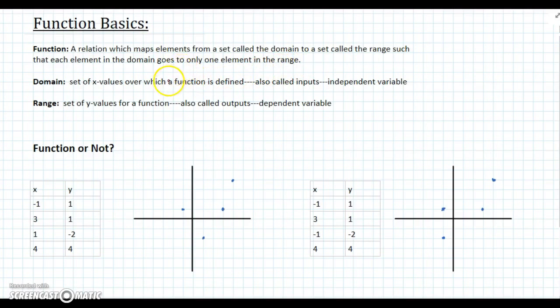Let's drop by domain and range really quick to get a little more acquainted with them. So as earlier I mentioned, domain's a set of x values over which a function occurs. These are also sometimes called inputs. And if you remember making equations or using equations to generate these values in the tables, you'd put x's in, they'd be inputs.